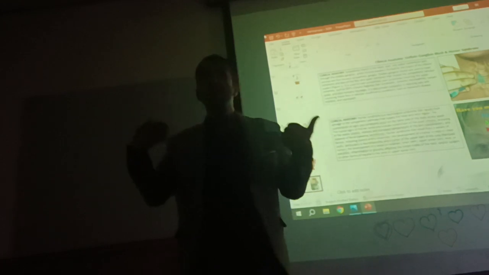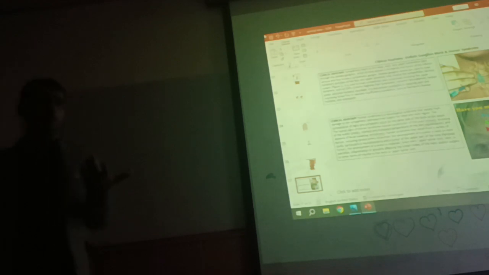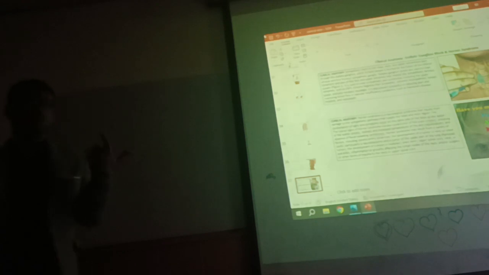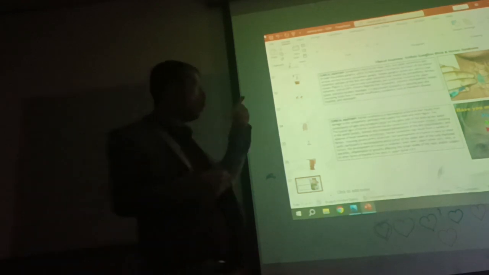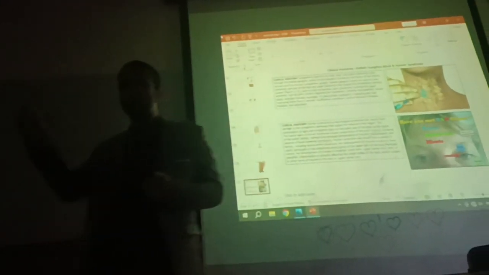The opposite of enophthalmos is exophthalmos. Maybe you see some patients whose eyes are seen outside the orbit. That is exophthalmos. A sign of Horner syndrome is enophthalmos.